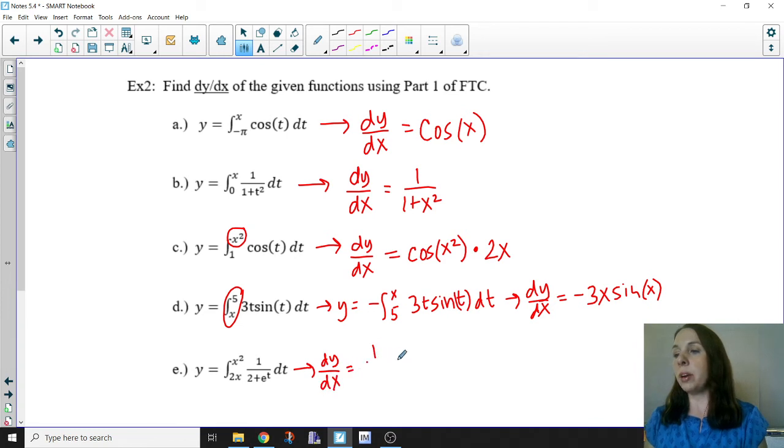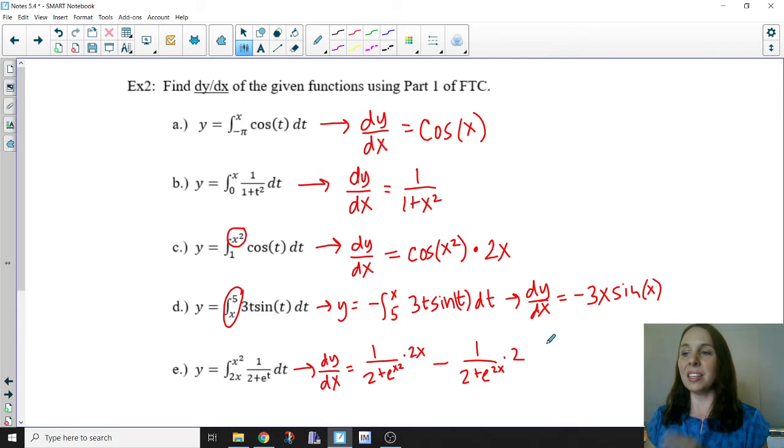It will be 1 over 2 plus e to the x squared times 2x, because the derivative of x squared is 2x, minus 1 over 2 plus e to the 2x times 2, because the derivative of 2x is 2. Let's leave that in an unsimplified form. Don't do anything with that, especially don't combine your denominators. They are not the same denominator. This is an e to the x squared. This is an e to the 2x.